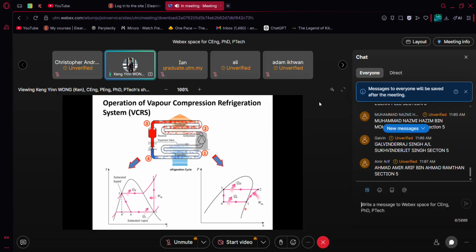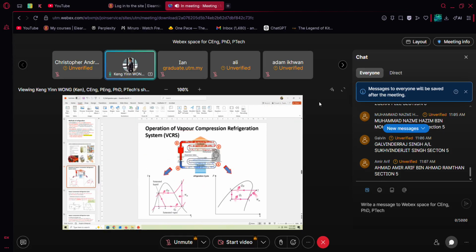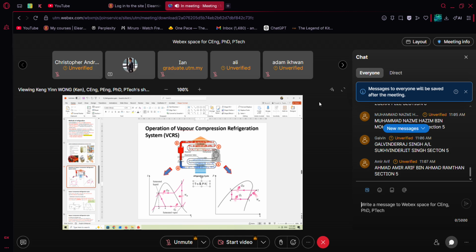Okay, and remember, always start from the right bottom corner. Let me highlight it for you. For this chapter, the TS and pH diagrams are important. And the pH diagram tends to the right side.